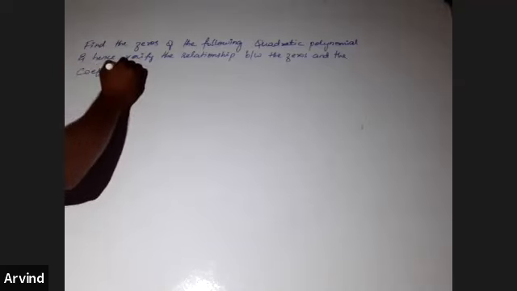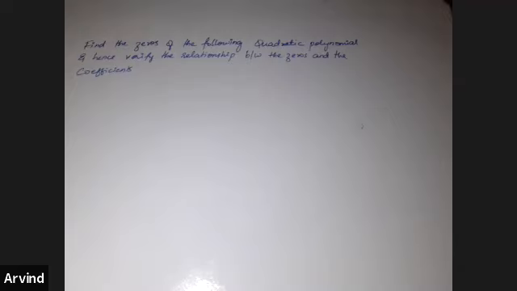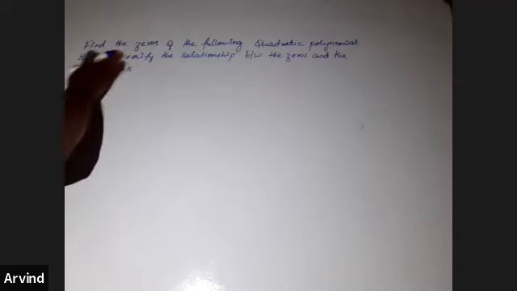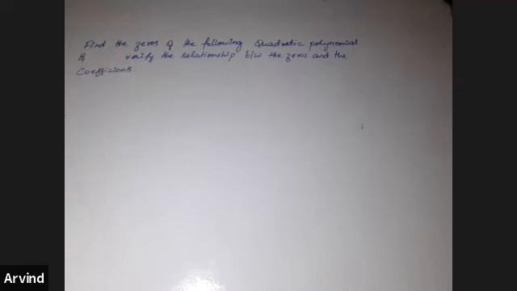Okay, this is your first main. Take down: find the zeros of the quadratic polynomial and hence verify the relationship between the zeros and the coefficients.